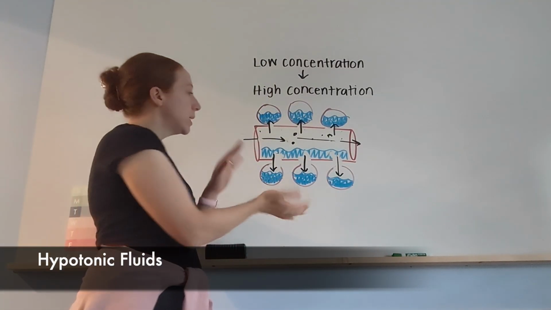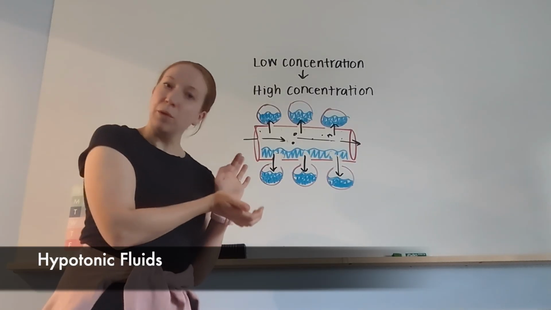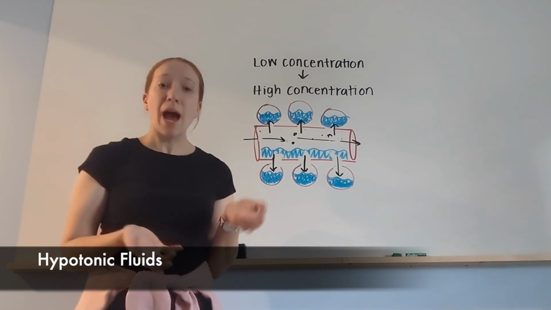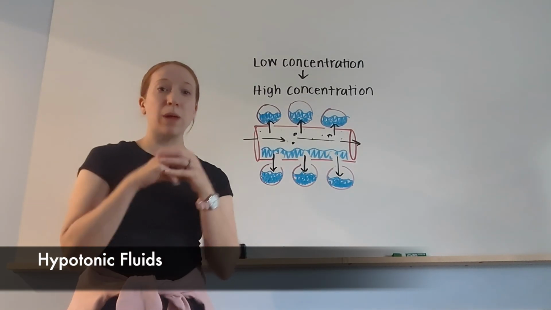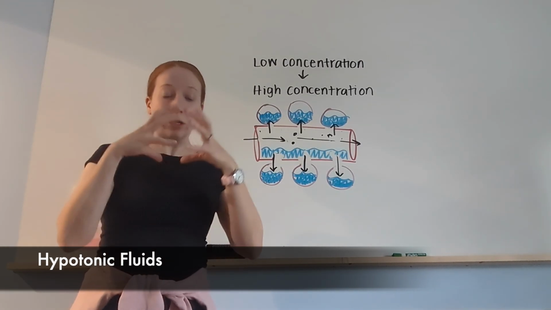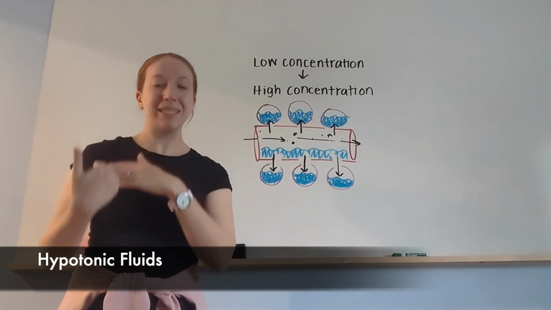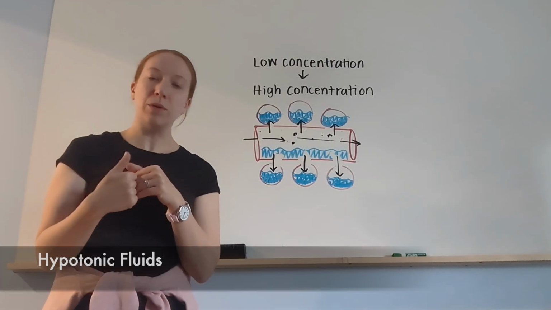Okay, so as you can see, my cells are filling up with fluid because water is moving from the vessel into the cell. And with hypotonic fluids, our cells will actually swell and increase in size because the fluid is moving into the cell away from the vessel.